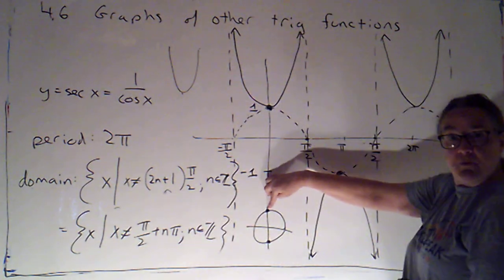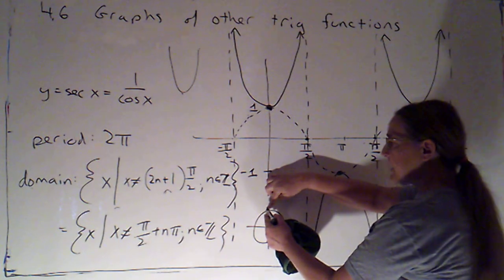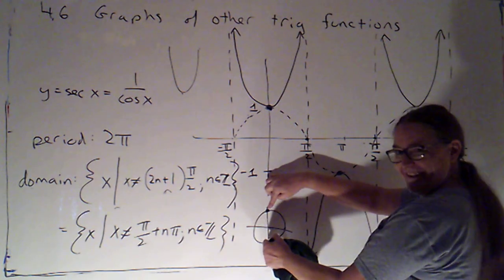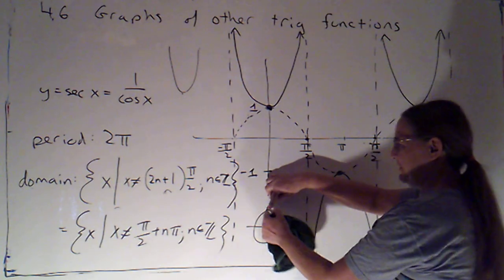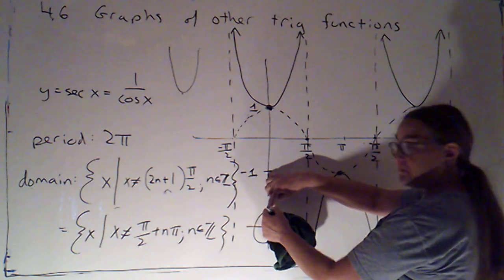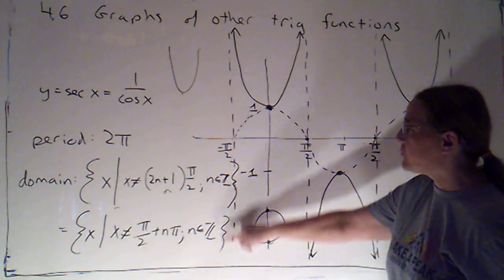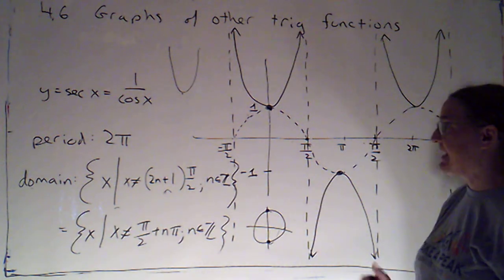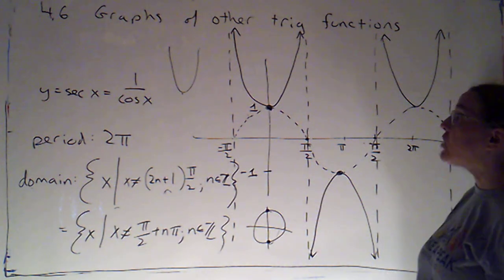Because pi over 2 would put me here. If I add a multiple of pi to it, an odd multiple of pi would bring me down to this point, and an even multiple of pi would bring me back to a point that's coterminal with that angle. Okay, so either of these describes all of the points that we can't plug in to secant. So that's going to give us our domain.